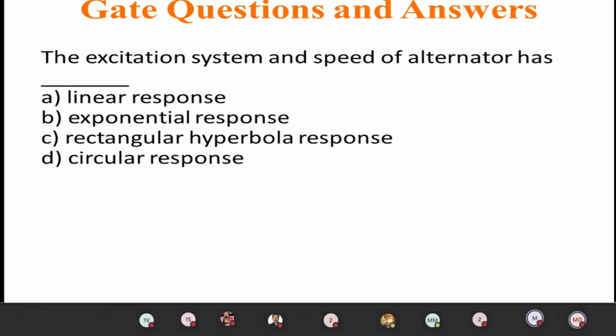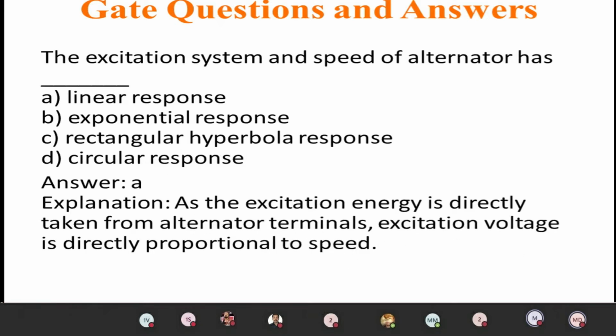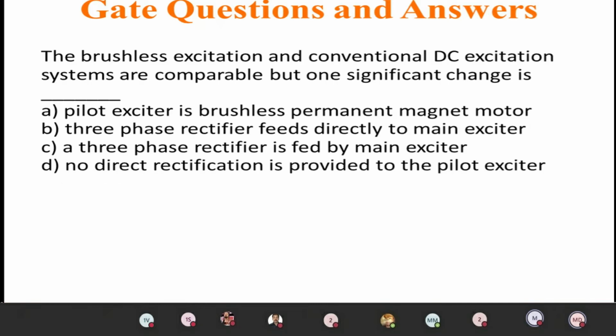Once it reaches the rated voltage, the automatic voltage regulator, AVR, regulates the output voltage. So the answer is A, linear response. As the excitation energy is taken directly from the alternator terminal, the excitation voltage is directly proportional to the speed.